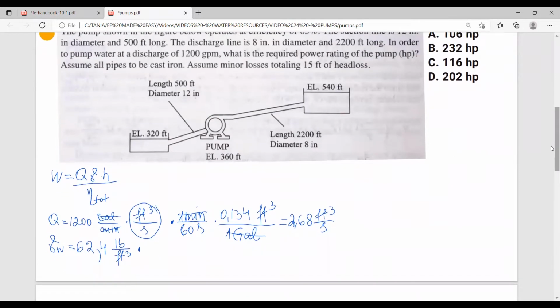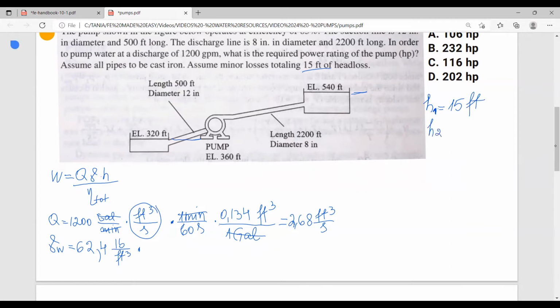Also, what we know is that the water has to go from this elevation to this elevation, meaning that head, let's call head 1 the 15 feet that we're given in the problem.